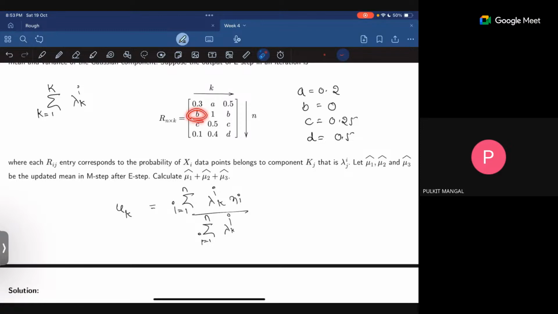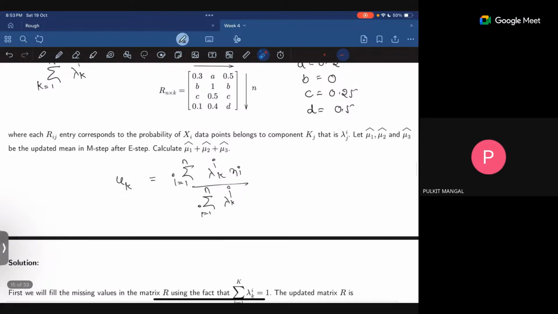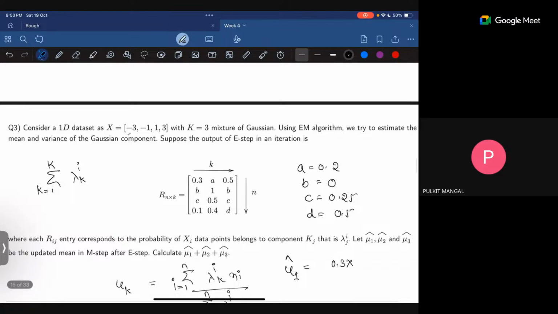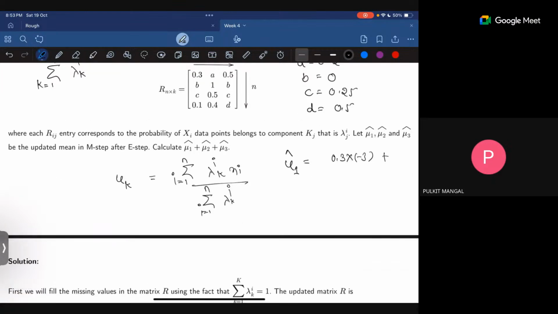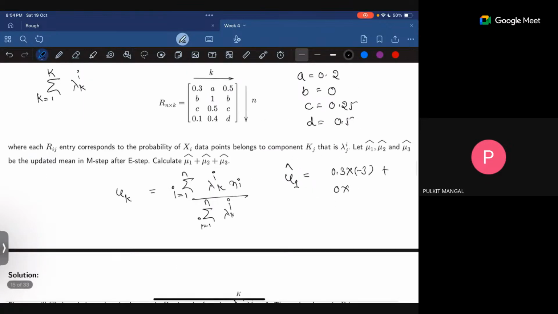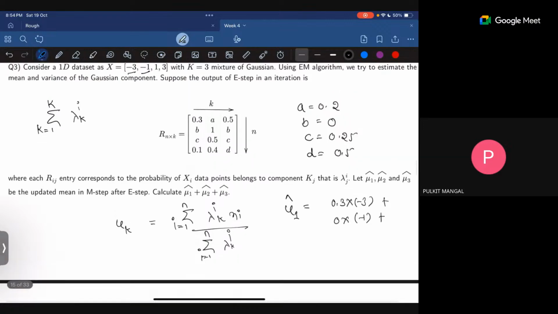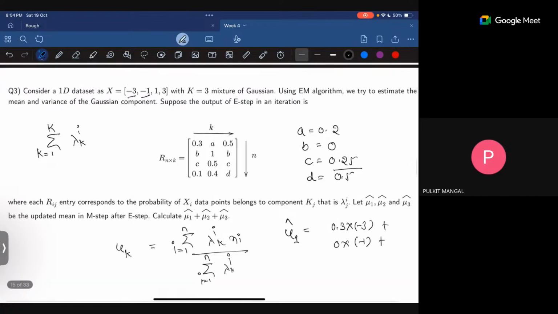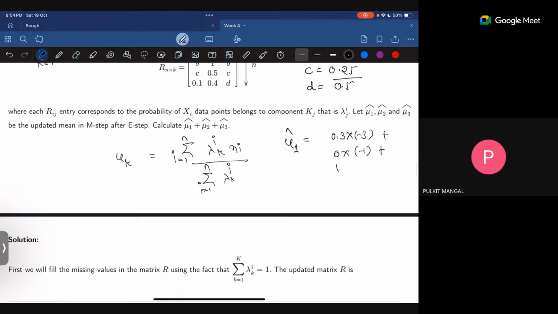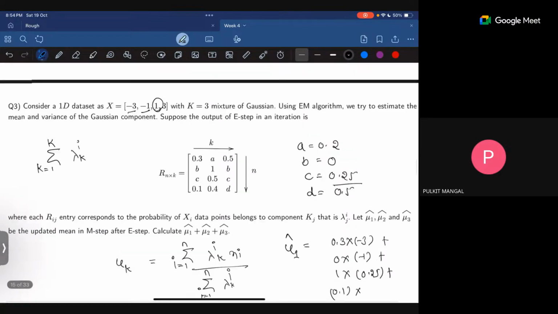So that means after you find this ABCD value, to update the mu1 hat, what you will do, you will multiply this 0.3 into this -3, plus this b value that we got is 0, so 0 into this -1, plus now c value we got as 0.25, so that is for 1, so 1 into 0.25, plus this is 0.1, so 0.1 into here it is 3.